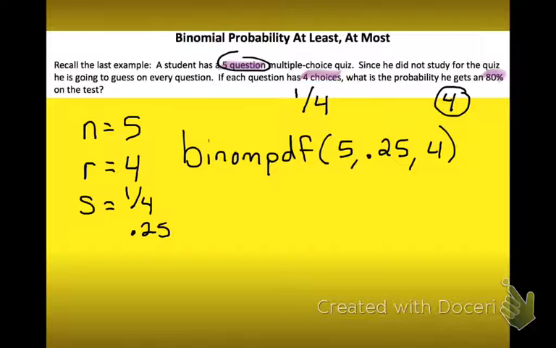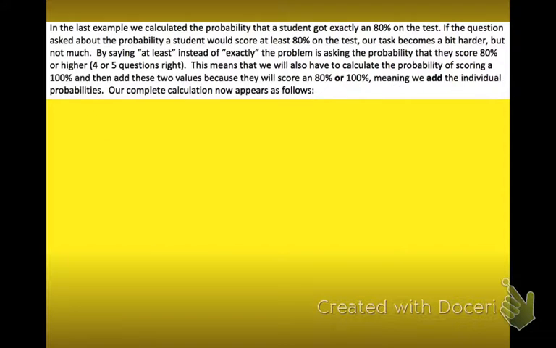So the difference now is that we're not going to be talking about specific numbers. So we're not going to be saying 5 questions. We're not going to be saying 2. We're not going to be saying 1. We're going to be saying something like this. We calculated exactly 80%. What about if they say at least 80%?